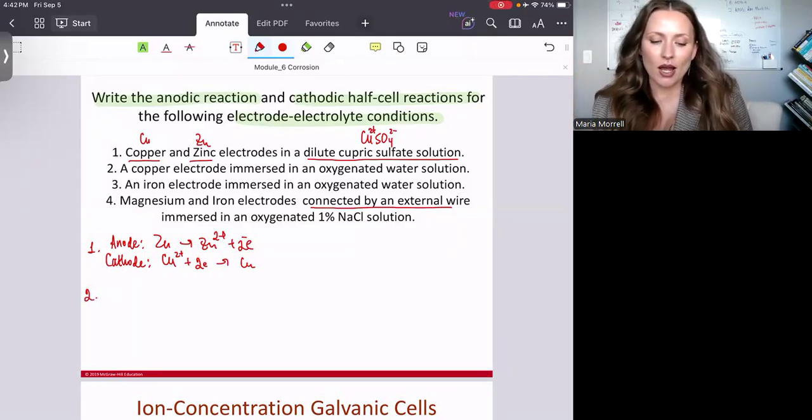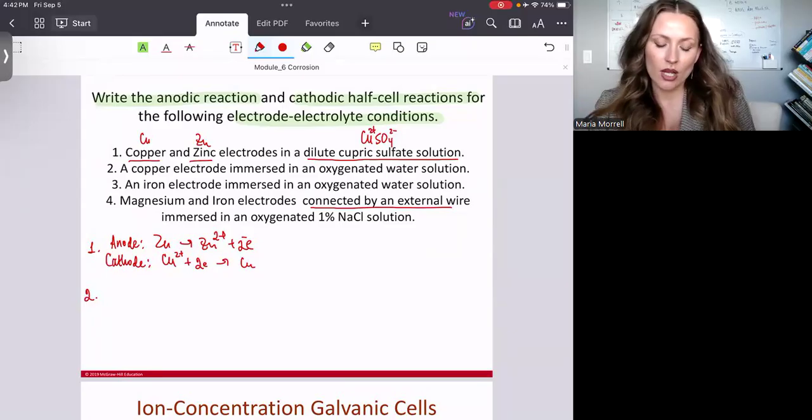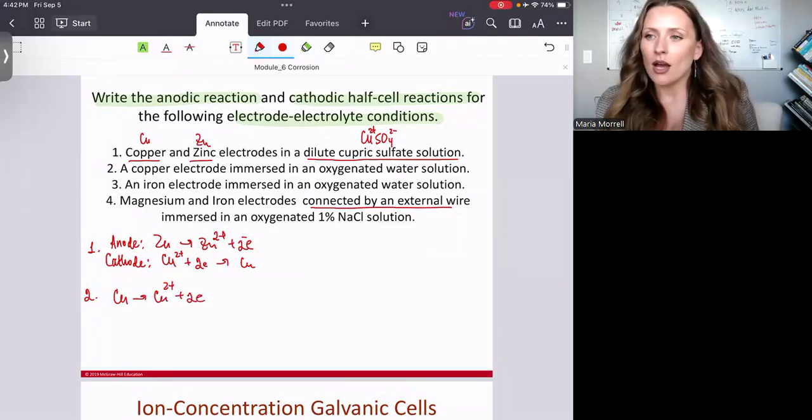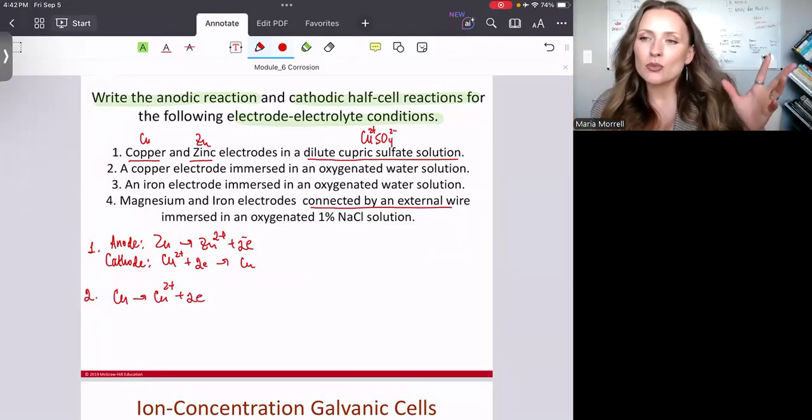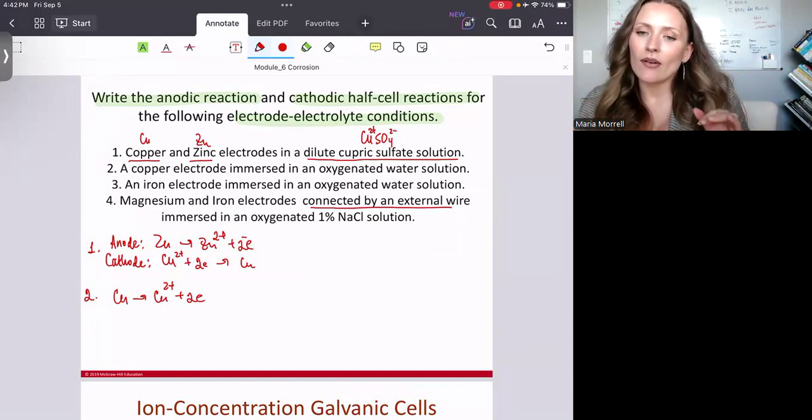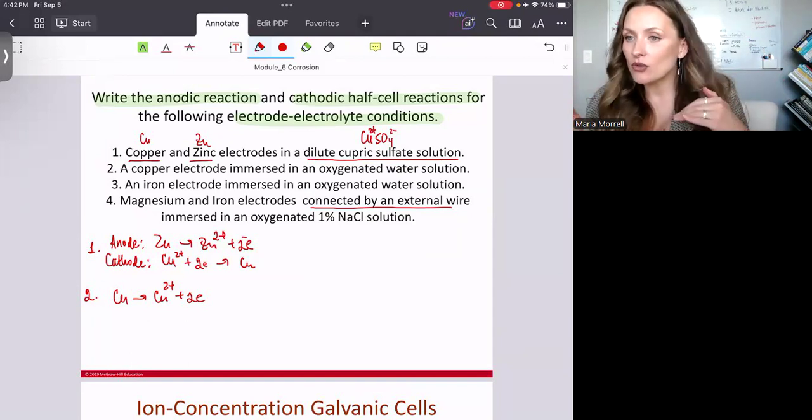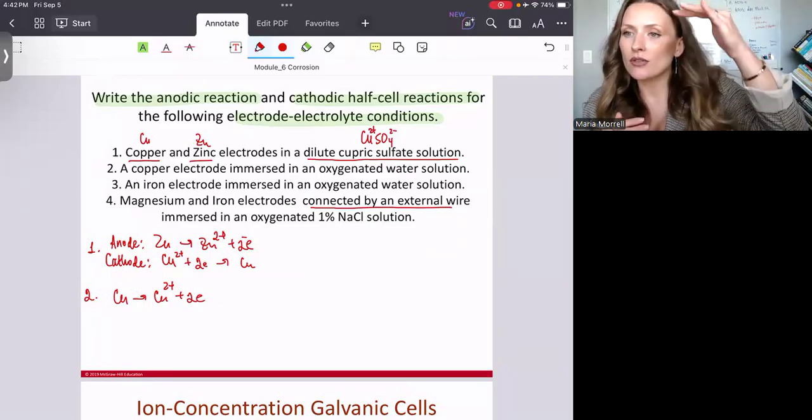Next, question number 2. I have a copper electrode immersed in an oxygenated water solution. Copper will be dissolving, so it's going to be copper going to Cu2+ plus 2 electrons. If you don't remember whether it's Cu plus or 2 plus, whenever you have a question, you just go back to the table.